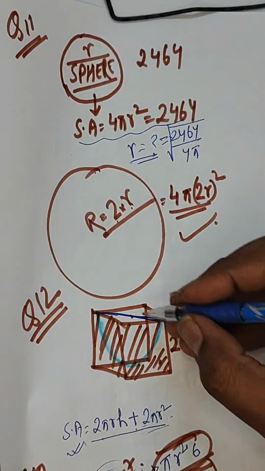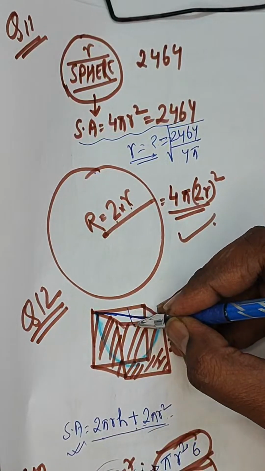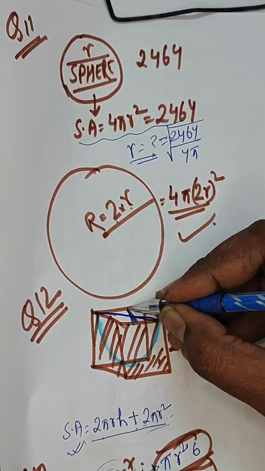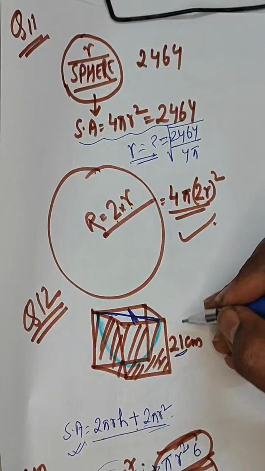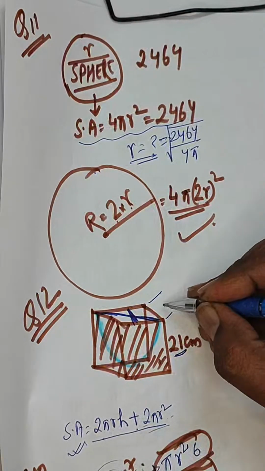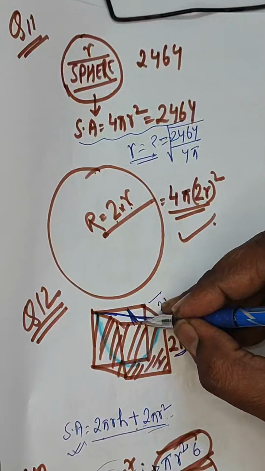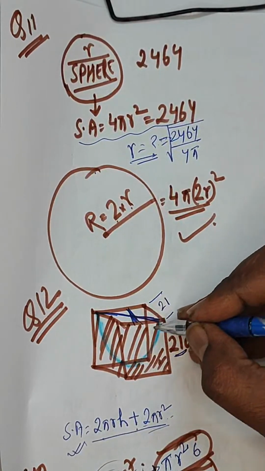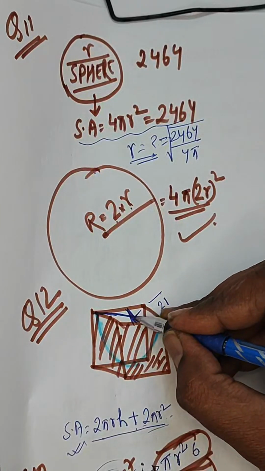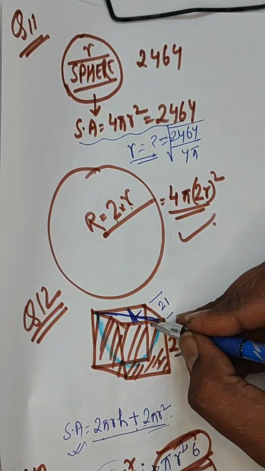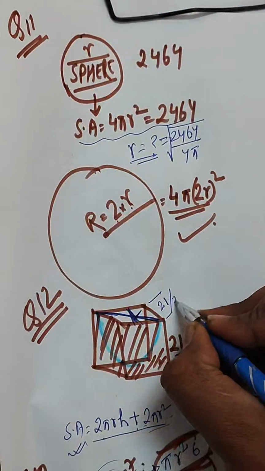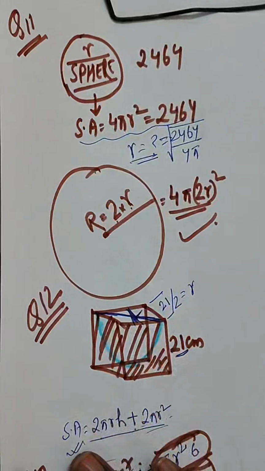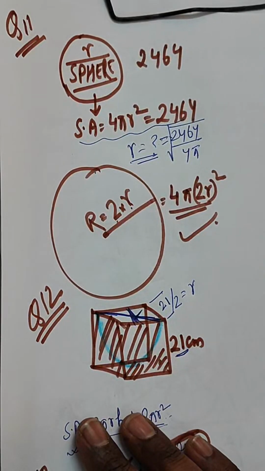If you consider the edge of 21, then half of this will be your radius. So consider 21 by 2 as the radius of this carved hemisphere. Then find the surface area and the volume of the remaining piece, right?